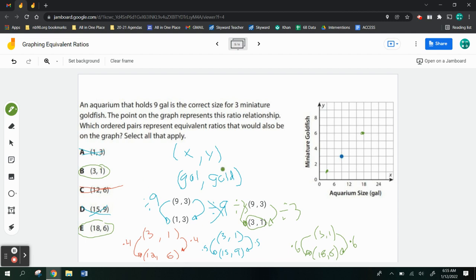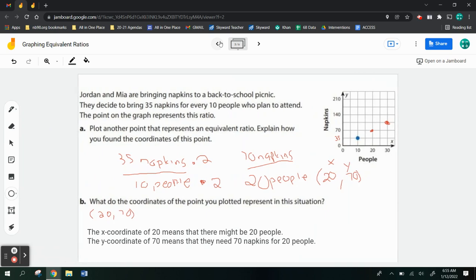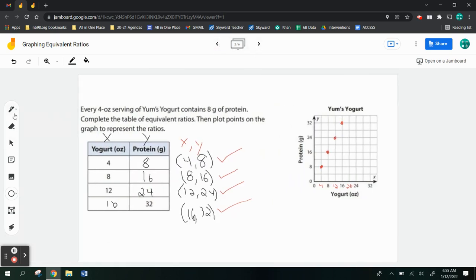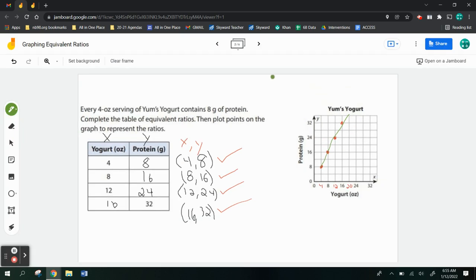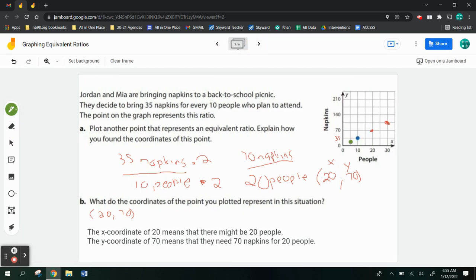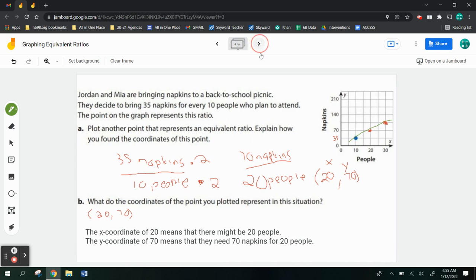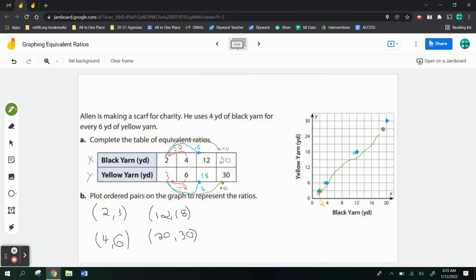I do want to make a note of something that just might be very beneficial for you. So if you notice all the graphs, every graph, if you look at the points, and we know that graphs are usually lines. So let's say I connected all the points. You don't have to do this.